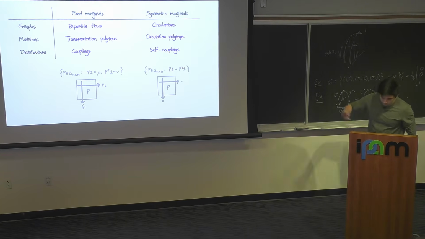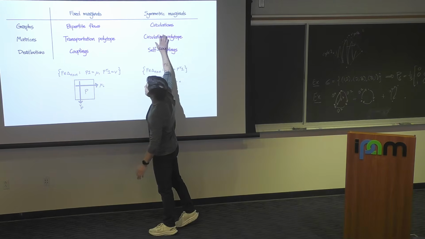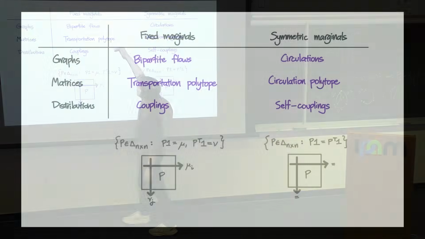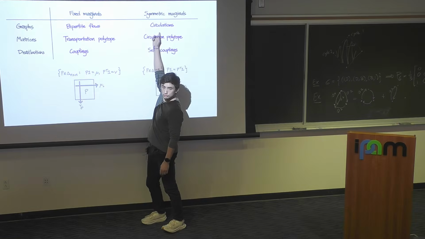Maybe I should say first, this is just a summary of what we've said so far. Optimal transport and min-mean cycle are both linear programming over sort of the objects on the left or the right. If you like graphs, matrices, distributions, there's exactly a dictionary to go between these. We talked about bipartite flows versus circulations.